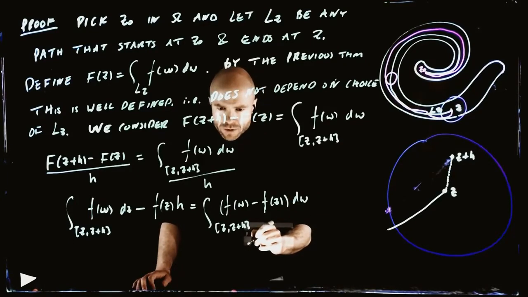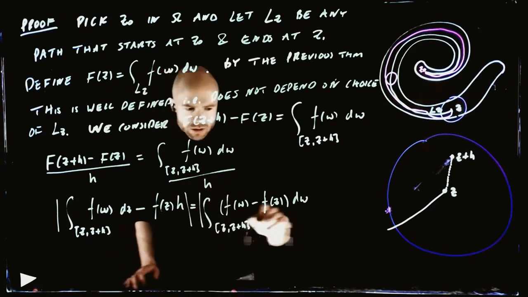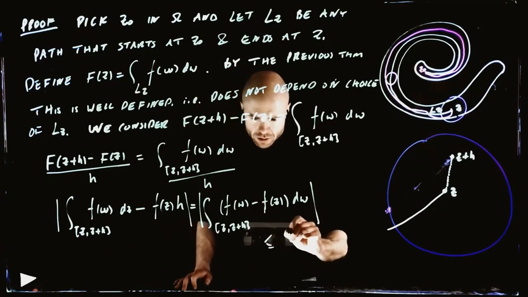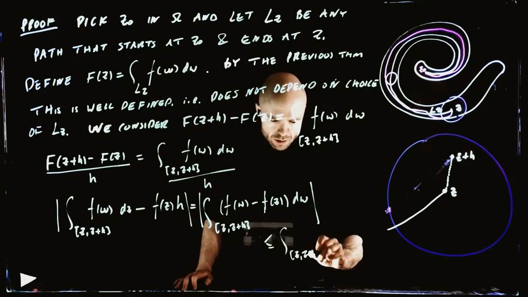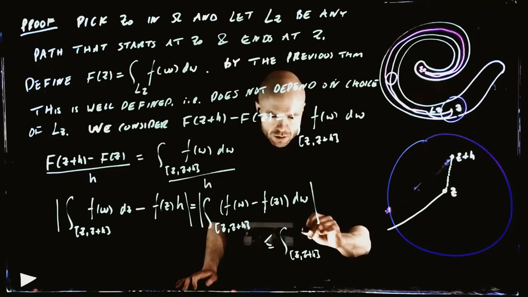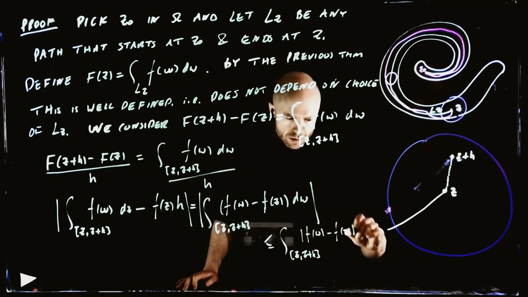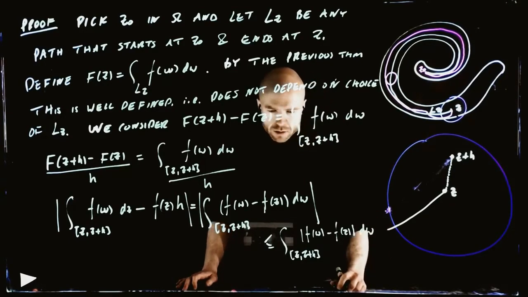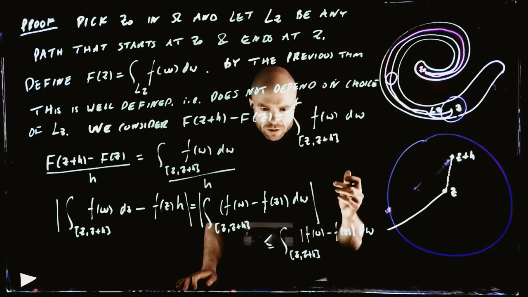So put absolute value signs around this, and then this is less than or equal to this thing. And this thing gets very small because f is continuous.